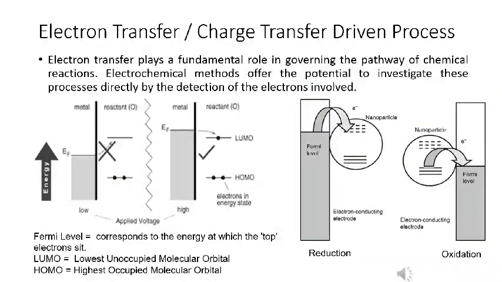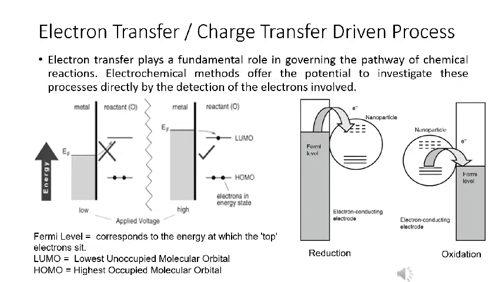Okay, now we look at the electron transfer, also known as the charge transfer driven process. We focus solely on the electron transfer process or mechanism. Electron transfer is one of the fundamental roles in governing chemical or electrochemical reactions. Look at the diagram on your left-hand side. This is the electrode, the energy present in the electrode.